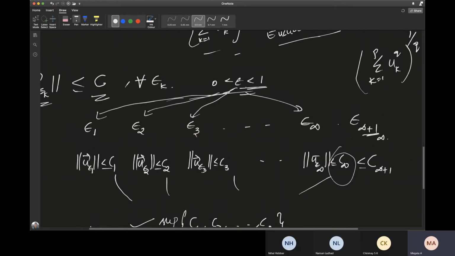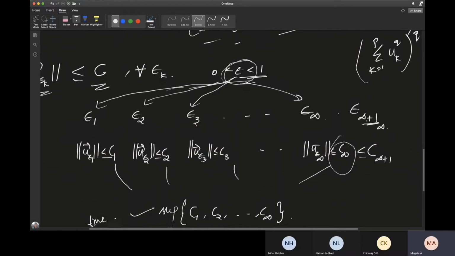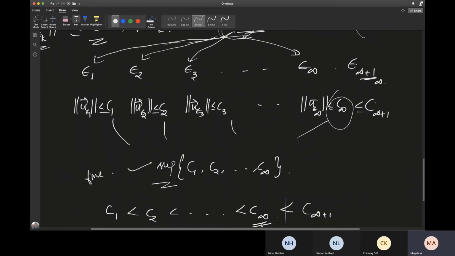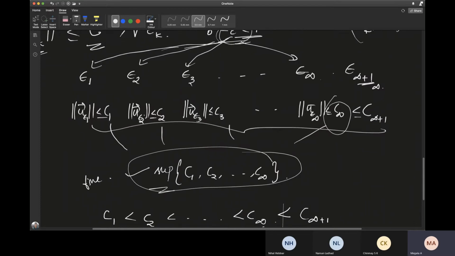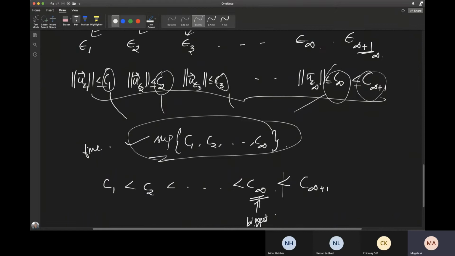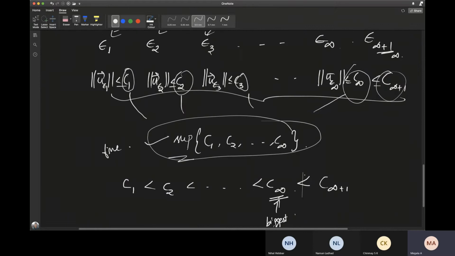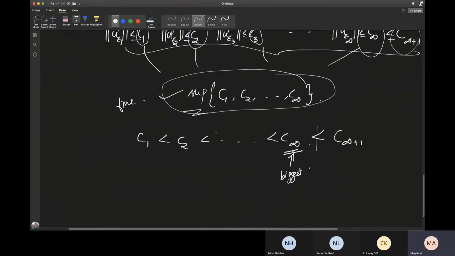Since epsilon also has infinitely many values, if you are not able to find a common supremum among all these bounds, then you're going to land in a problem. You'll not be able to find anything.